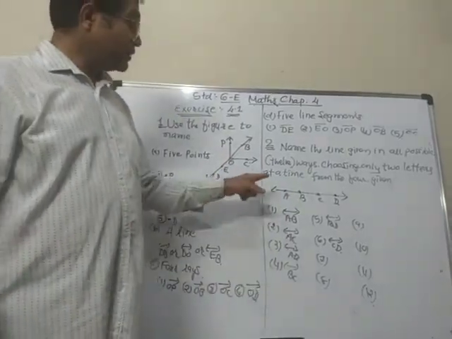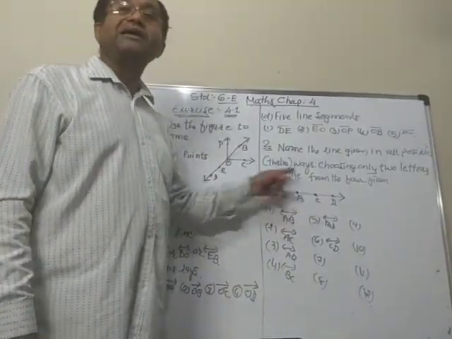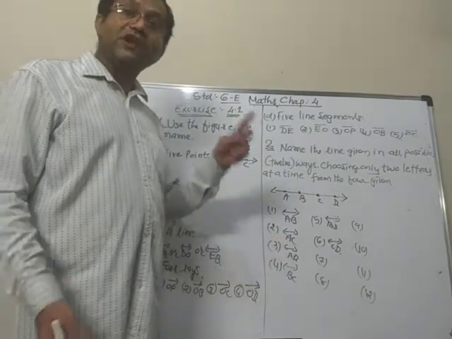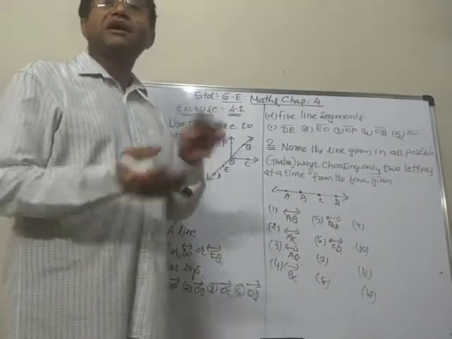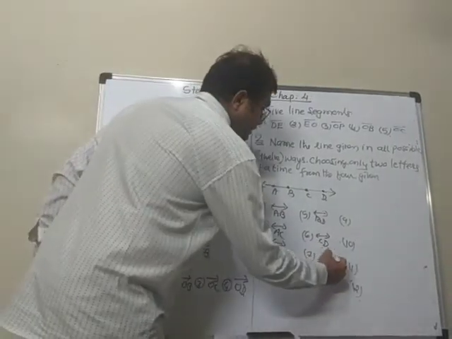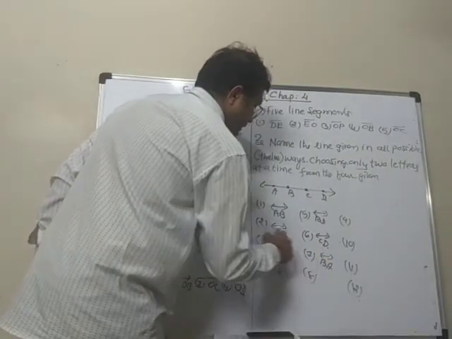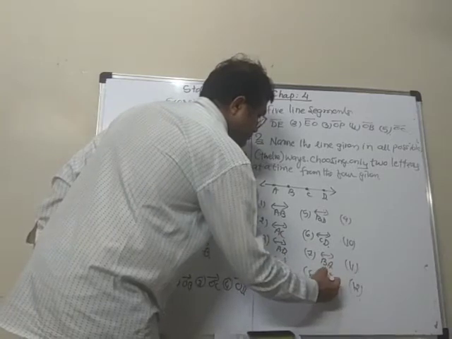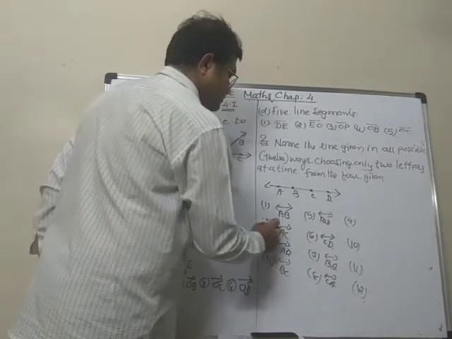Because we know that you can write down line AB or line BA also. So now we will take all in the reverse position. Line AB, line BA. Line AC, then line CA.